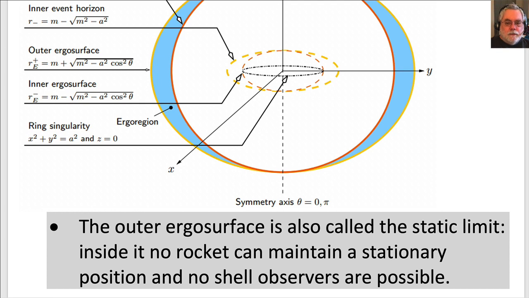Within the ergo region, a plunging, freely falling observer takes an inward spiraling trajectory, not radial, but an orbiting observer can orbit at constant distance from the singularity ring. A free fall plunging observer who plunges into the singularity ring will do so in a slightly shorter wristwatch time for a rotating black hole than for a non-rotating black hole.